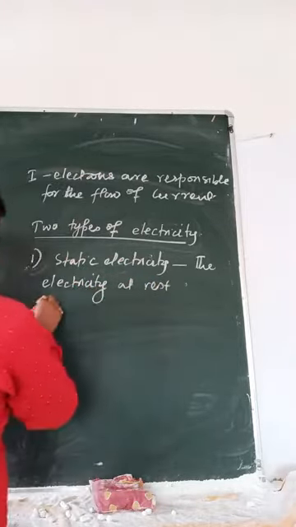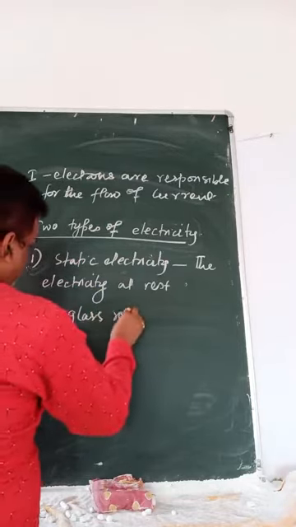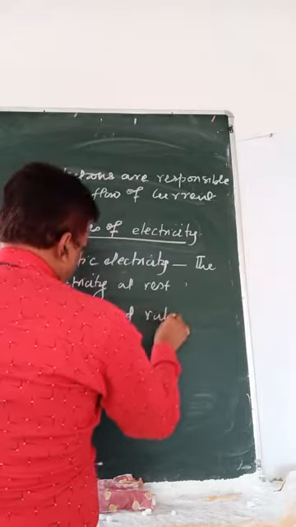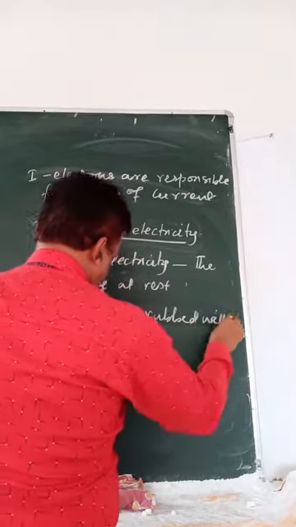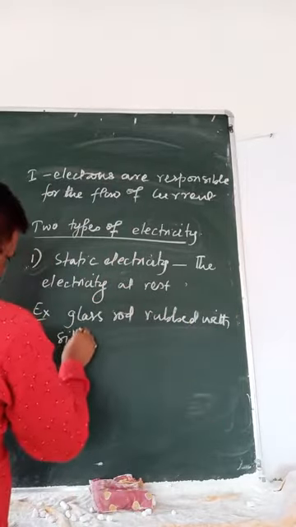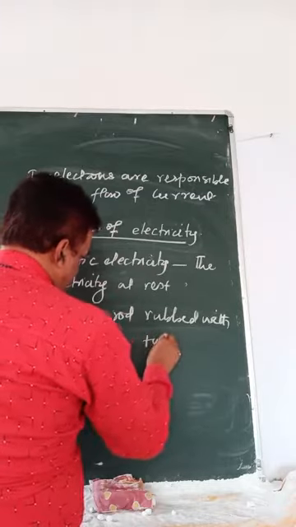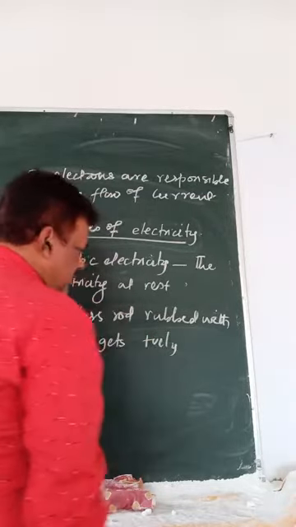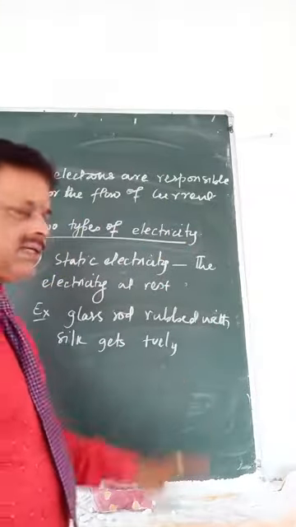You can give one example: a glass rod rubbed with silk gets positively charged. Why positively? We will be discussing in the higher class why it is positive. It is experimental.